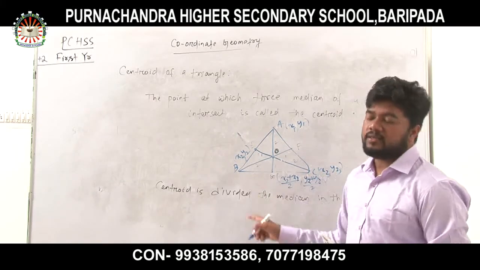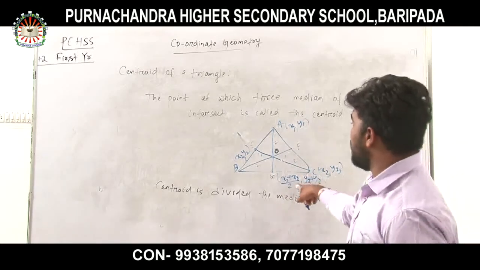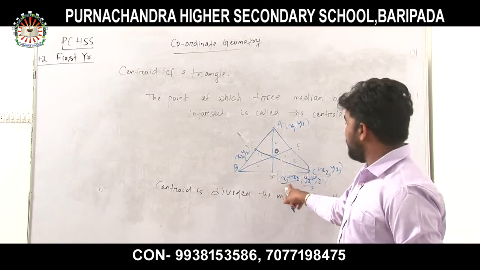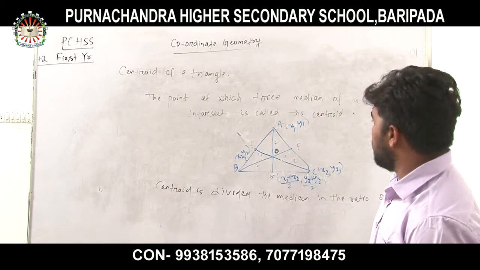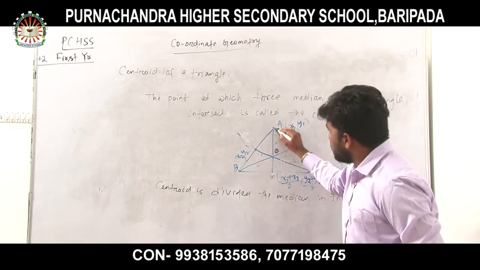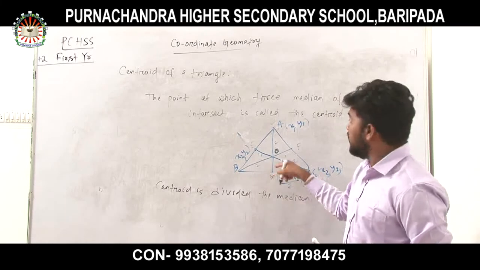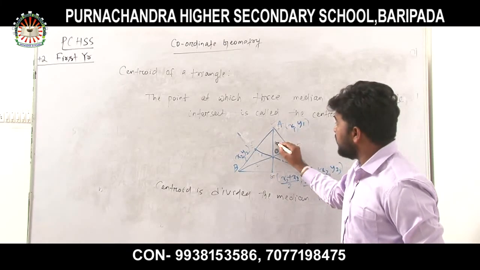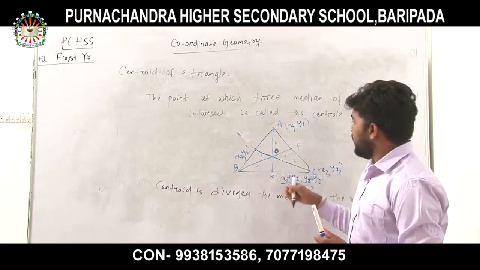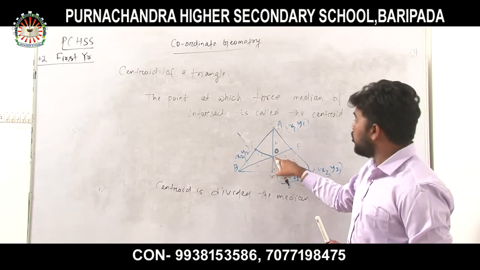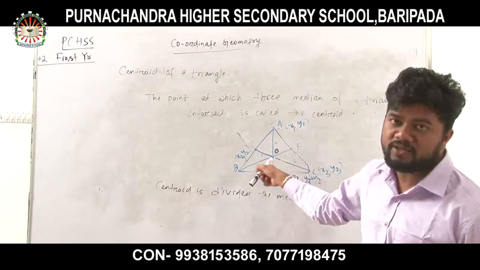G is the midpoint of BC, so we apply the midpoint formula, which we discussed last class. Then O divides AG in the ratio 2:1, so we can calculate the coordinates of O by applying the internal division formula.